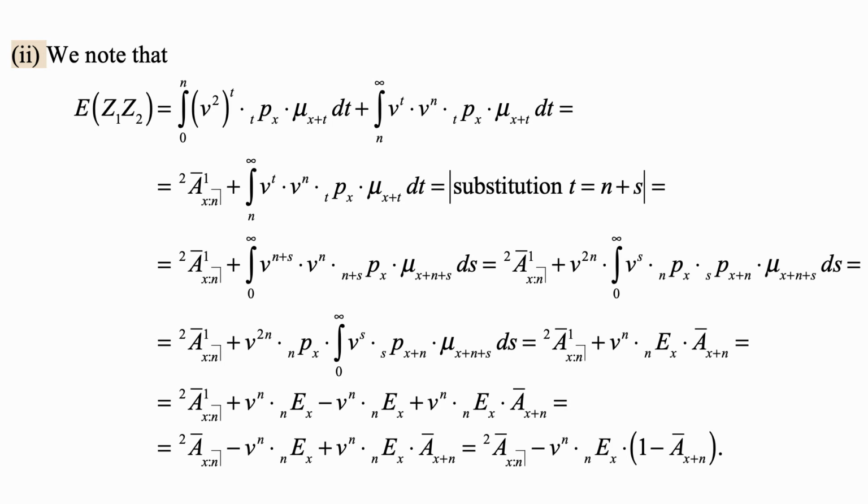So everything is unchanged, but now the combination of a term insurance and pure endowment with double the force of interest gives us 2A bar x:n angle minus v to the n times nEx plus v to the n times nEx times a bar x plus n. So this is 2A bar x:n angle minus v to the n times nEx times (1 minus a bar x plus n).